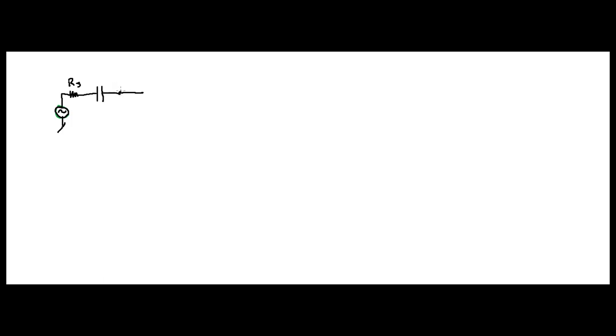So let's have your bias resistors connected here, one here, one here. We'll call this one R1 and this one R2.